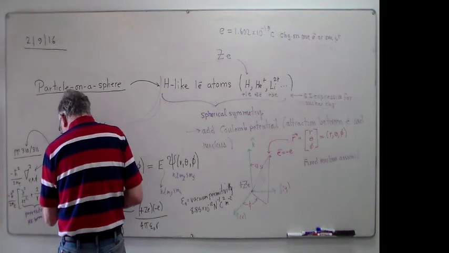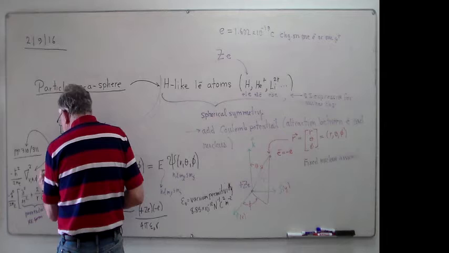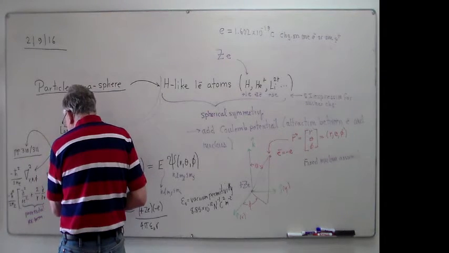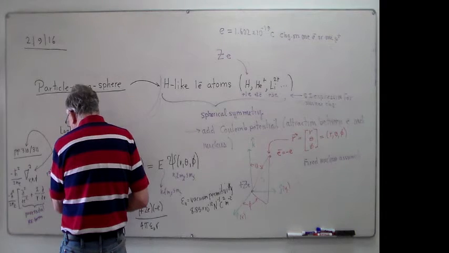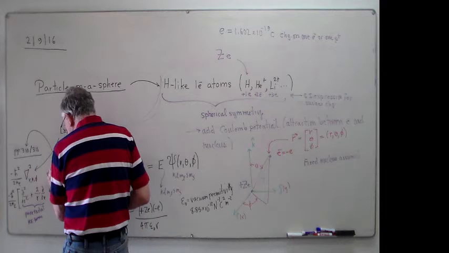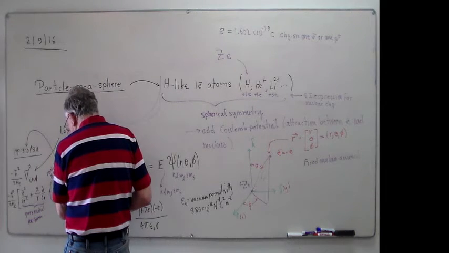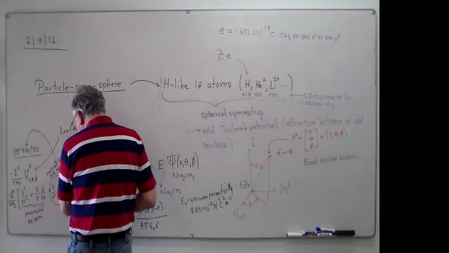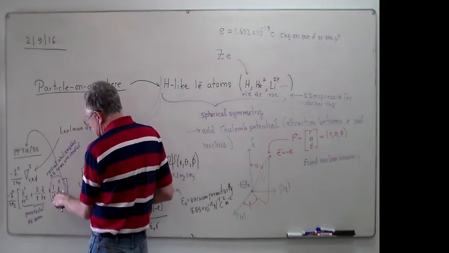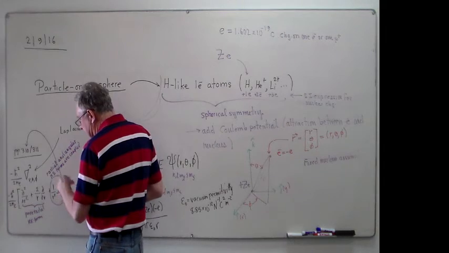This suggests that radial and angular kinetic energy terms are coupled. You're taking derivatives, as we'll soon see, with respect to theta and phi.